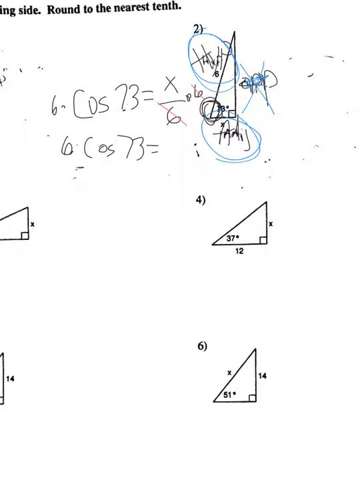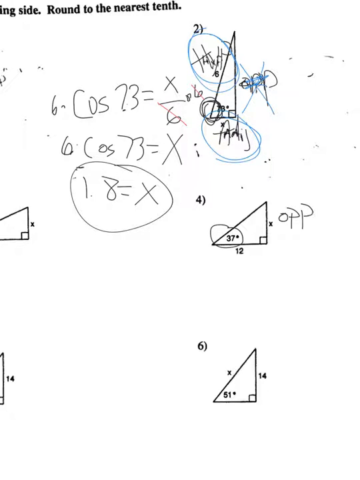So 6 times trig, choose cosine, type in 73. 1.8 if you round it off. So 1.8 is x. And that's all we're doing, guys. I'm not going to go through every problem, but for each one, like you can just see number 4 here on the screen. Figure the angle you're starting at.